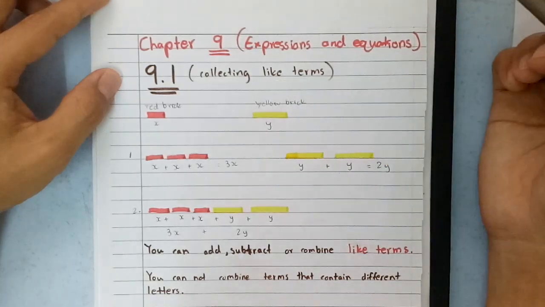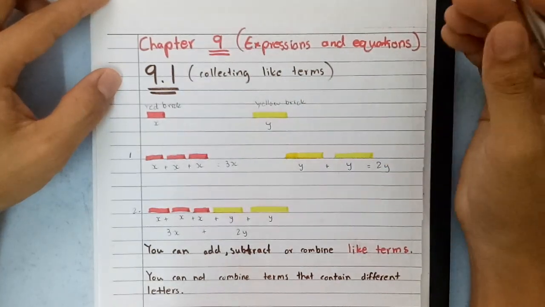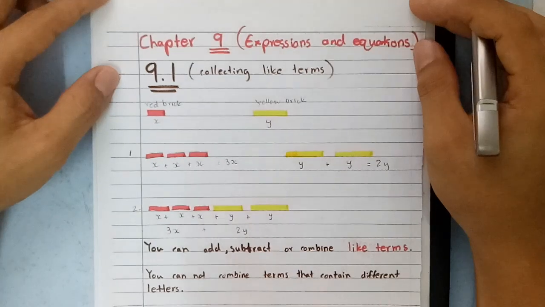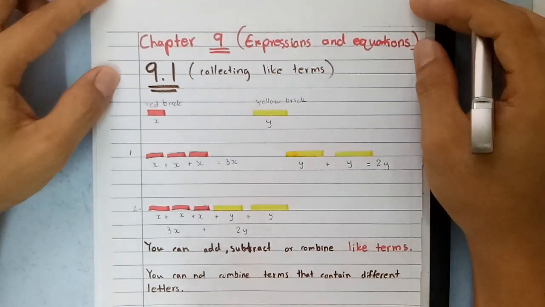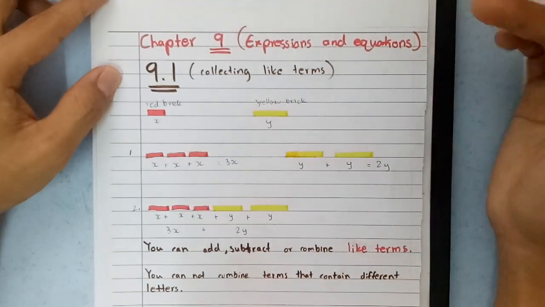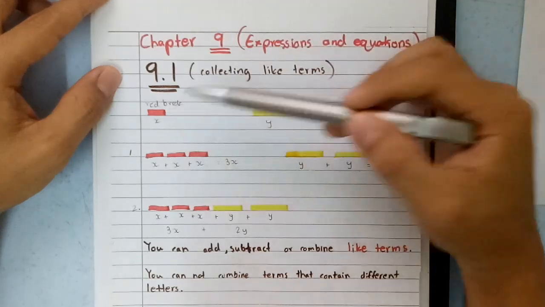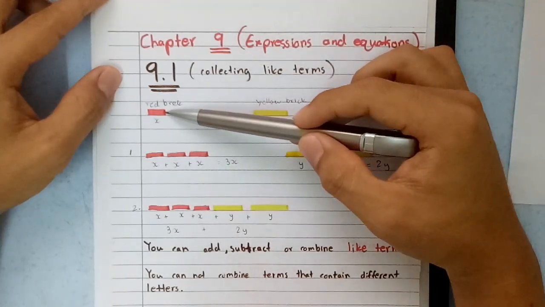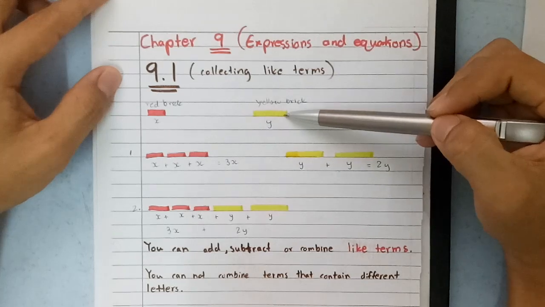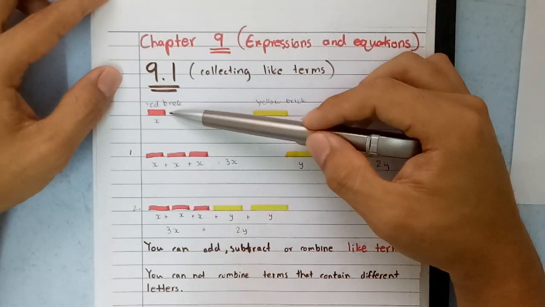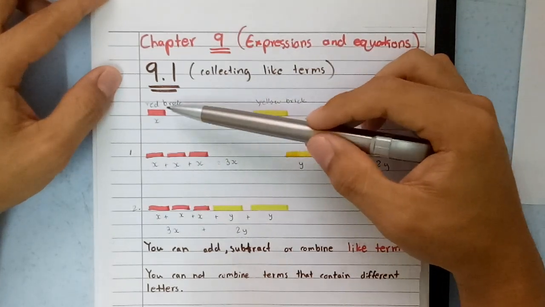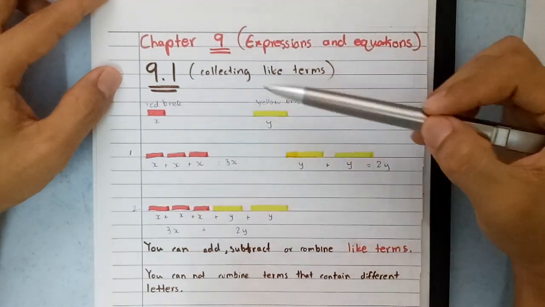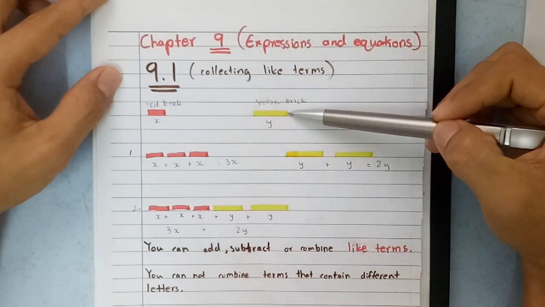Like terms. I will start off with one simple example. What I have colored here is red and yellow. Red I wrote as red brick, and this is yellow brick.